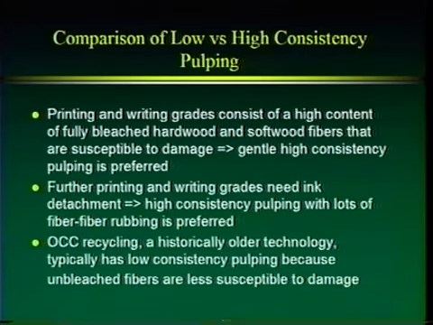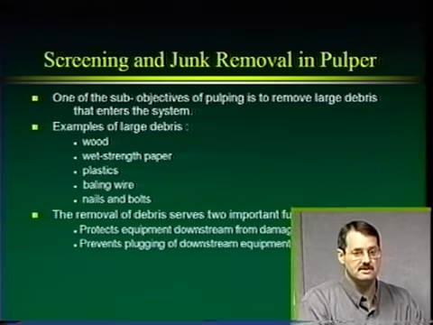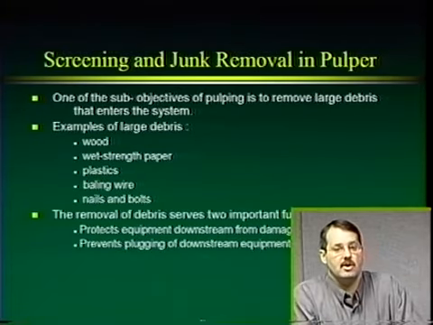Typically OCC is pulped at low consistency, partly for historic reasons, but another reason is that low consistency pulping is a rapid way of pulping, and the unbleached OCC fibers are less susceptible to damage, so they can still make quality pulp with the attrition and mechanical forces that are used here. Okay, so that is an overview of the differences between low consistency and high consistency pulping.